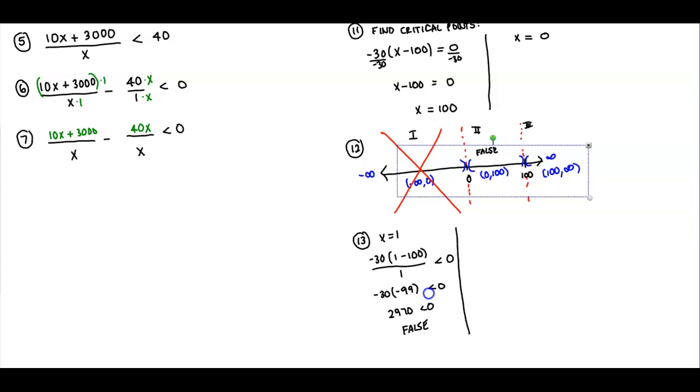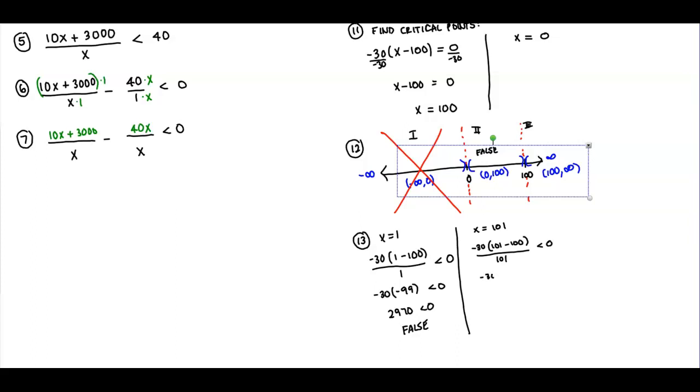Then if we test anything above 100, let's say 101, we have negative 30 times (101 minus 100) all over 101. We want to see if that's less than 0.